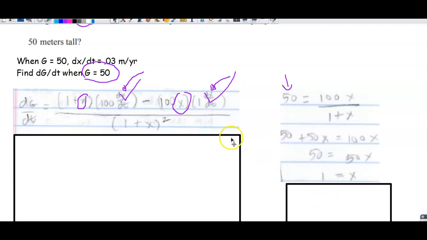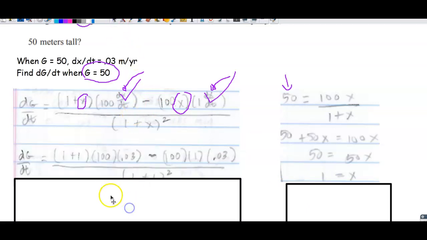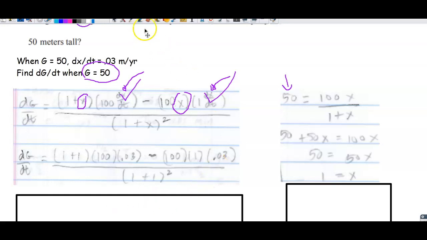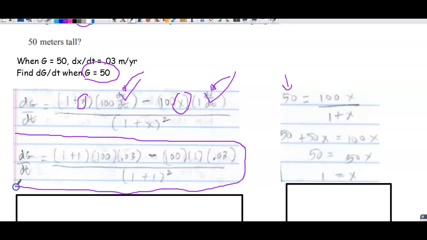So now I can substitute the 1 in place of the x and the 0.03 in place of dx dt. And for the AP test, I can leave my answer just like this. I do not have to multiply it out. I don't have to simplify it. Even if I have a calculator, I don't have to do that, because if I type one wrong number, then I'm going to lose the answer point.